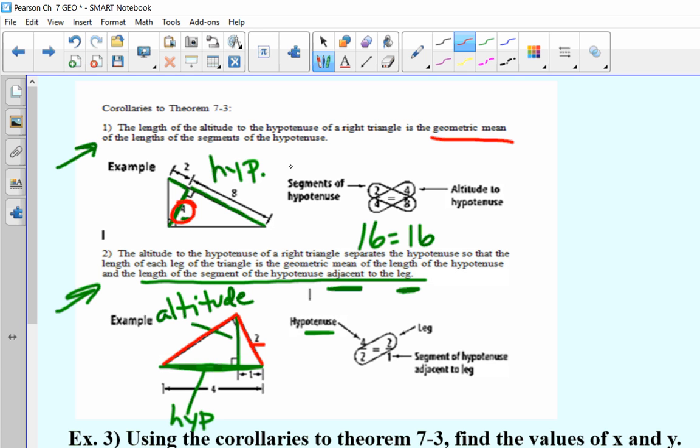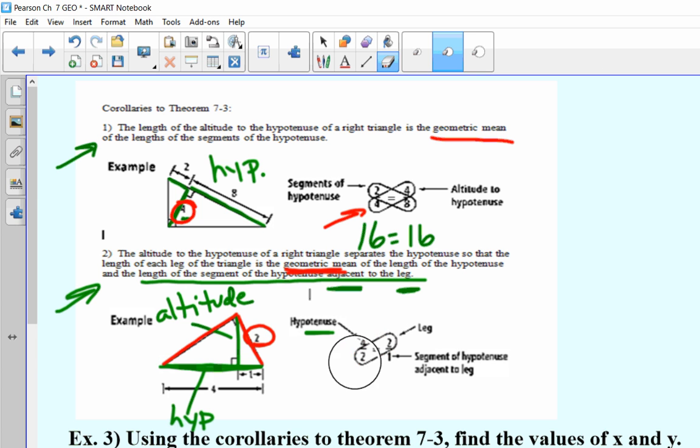That was going here. You got the geometric mean here. The geometric mean was the one adjacent to the hypotenuse. They gave it to me. So remember, geometric mean is like a repetition of either the value, or maybe later on you'll see it'll be a variable.